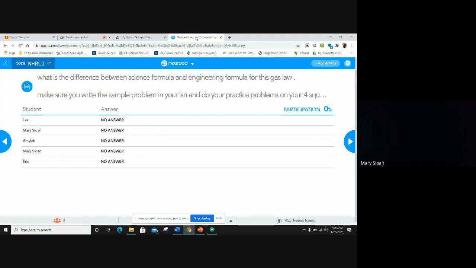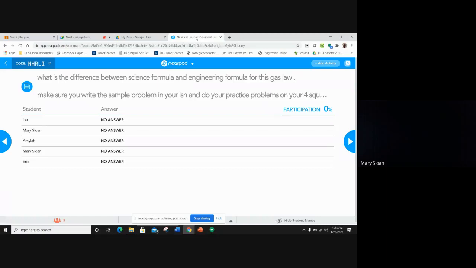There you go. Answer the question, Eric and Amaya. You're going to have to answer your question, Kate, but it's not going to show on the screen. So the question is, what is the difference between the scientific formula and the engineering formula for this gas law?